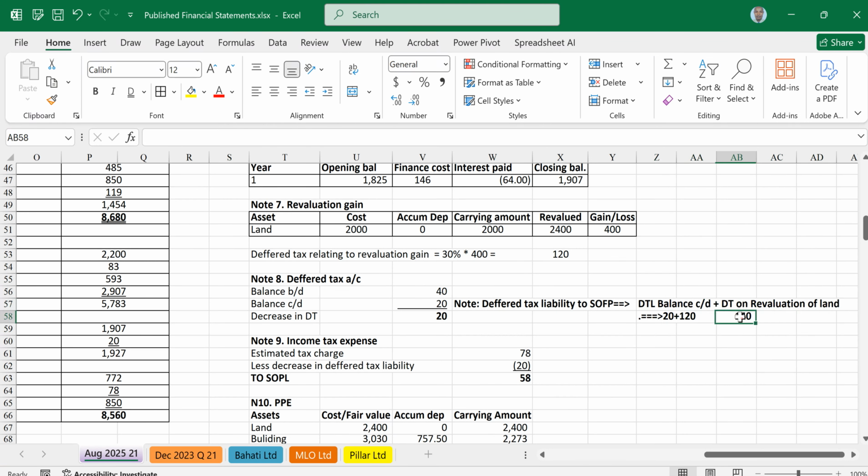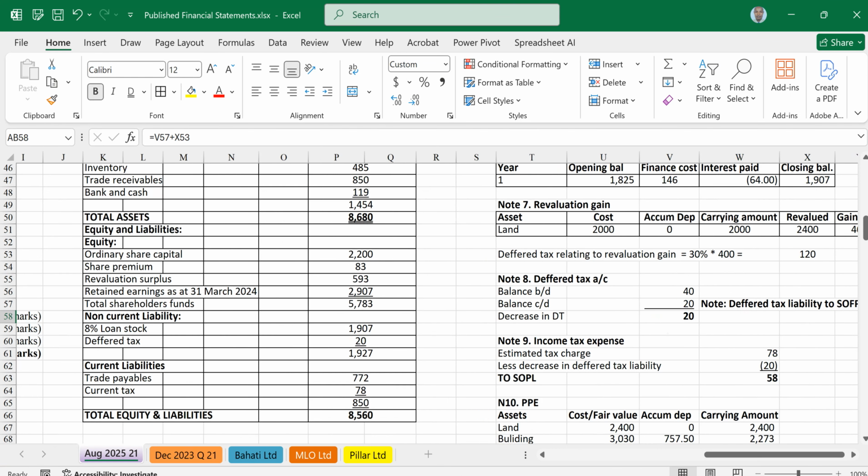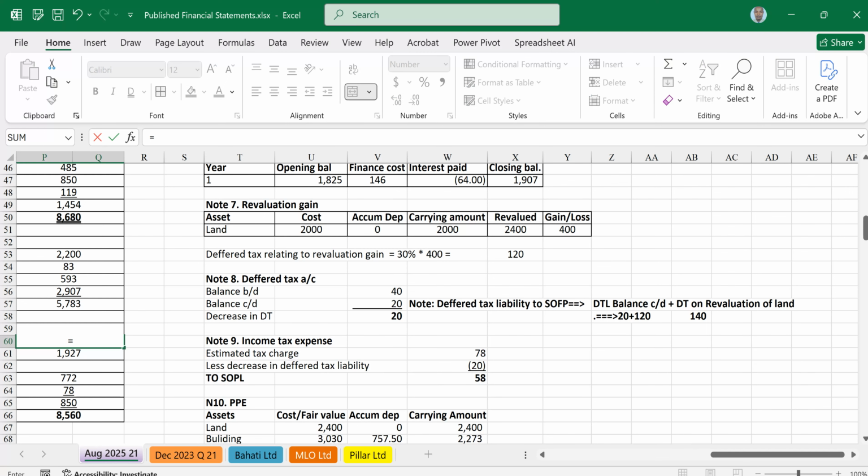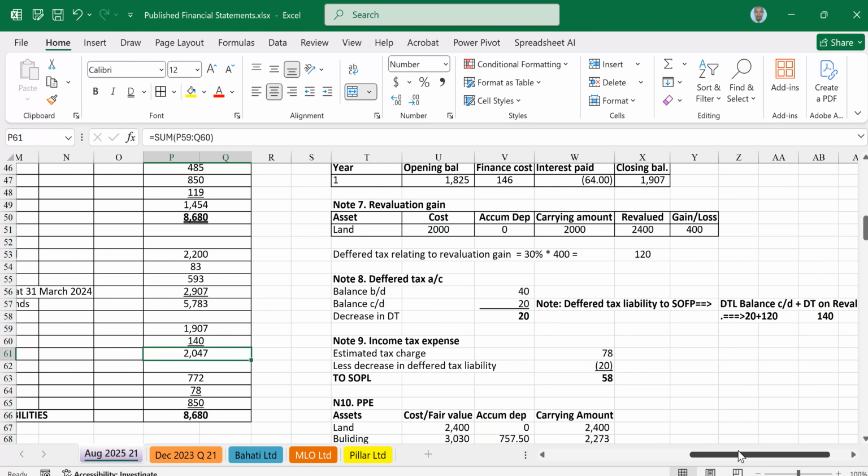$140. So here on the statement of financial position, it will be equal sign, then click on this 140 that we have. Okay, so it still balances as 8680, which is different from the previous one.